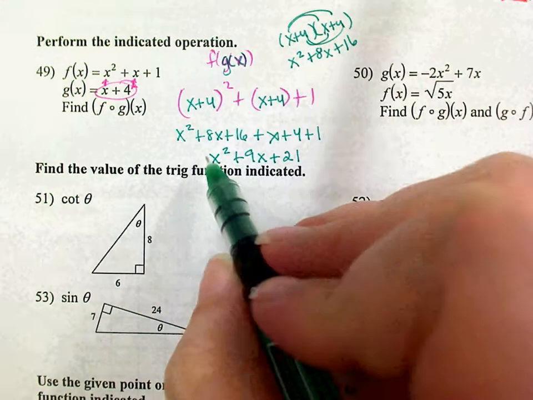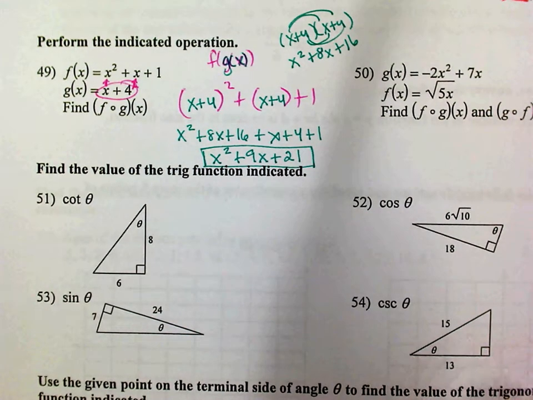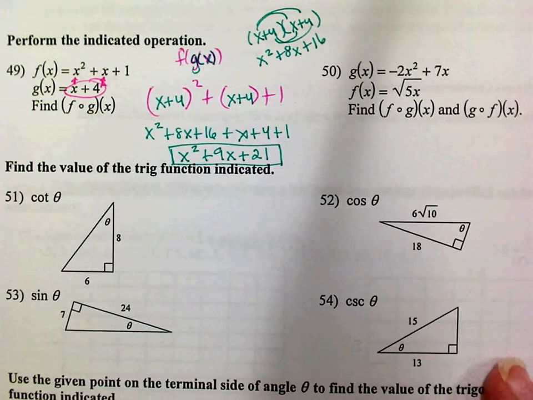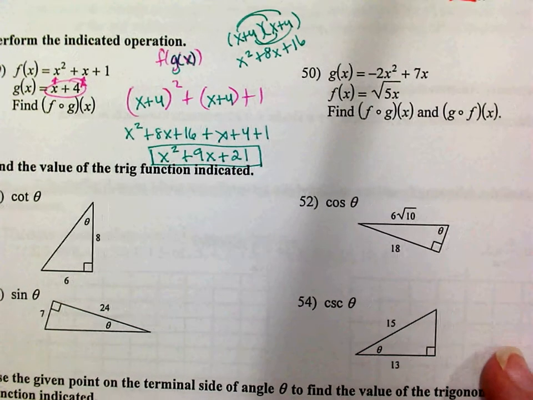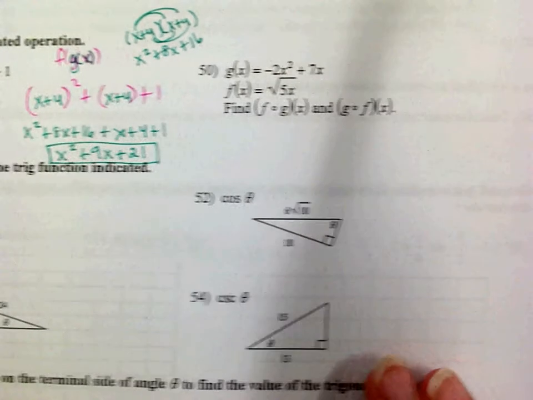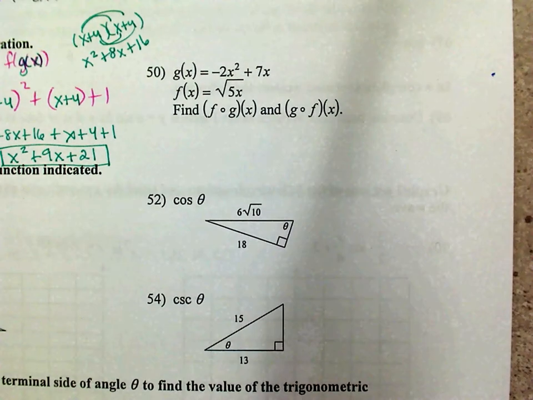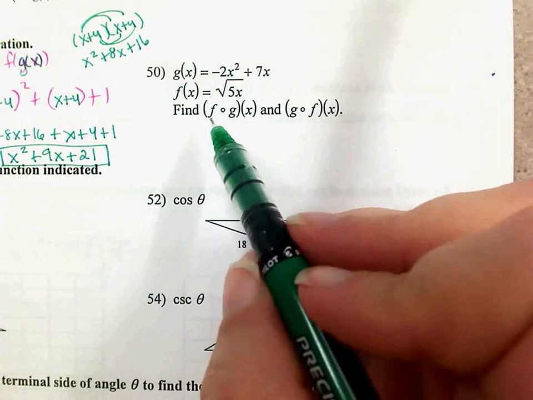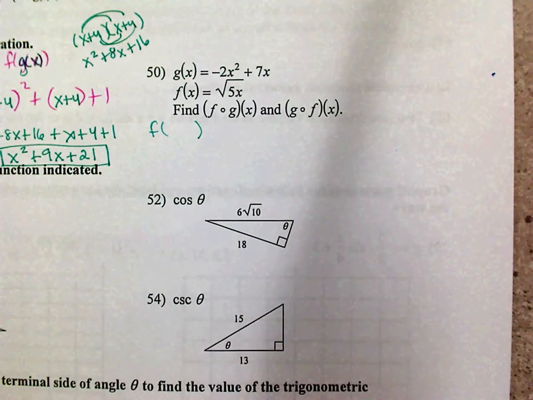Okay? For number 50, you actually have two sets of directions. You're supposed to find f of g and g of f, yeah? Okay. So let's find f of g first. So f of g means I'm going to take the function g and substitute it into f.